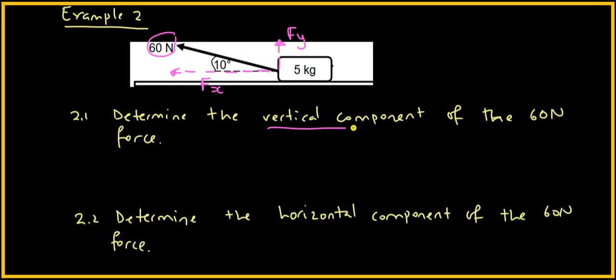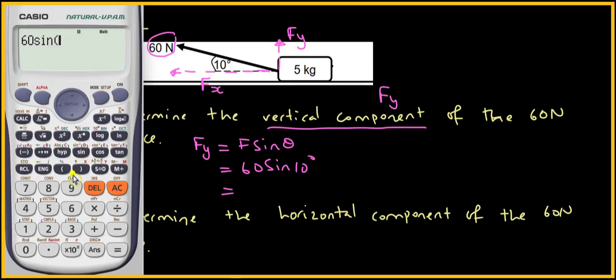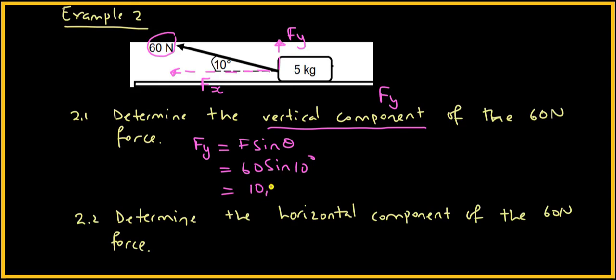The question says calculate the vertical component, so that is the Fy component. I'll simply say Fy is equal to F sine theta, which is equal to 60 sine 10 degrees. I get 10.42 newtons, and this is upwards.